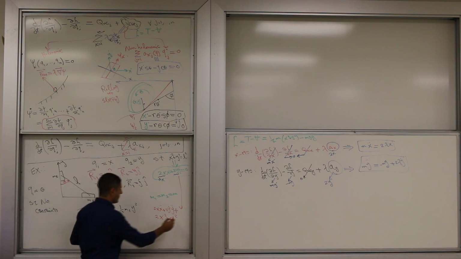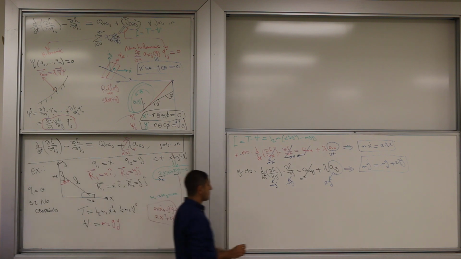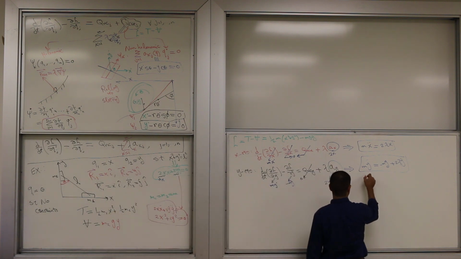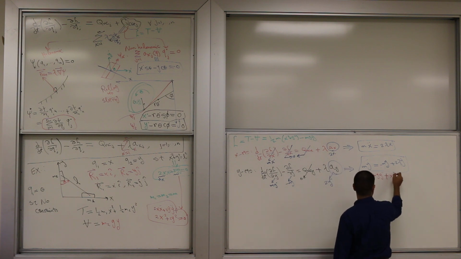Actually, you can divide by all the 2's. This is the third equation: x double dot plus y double dot plus x dot squared plus y dot squared equals 0.